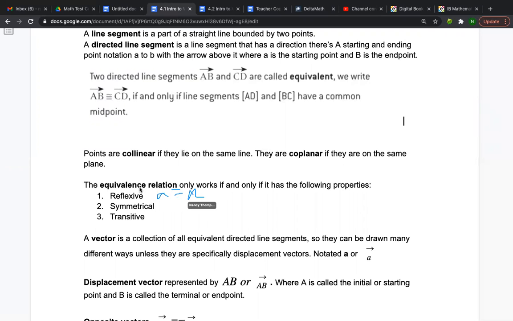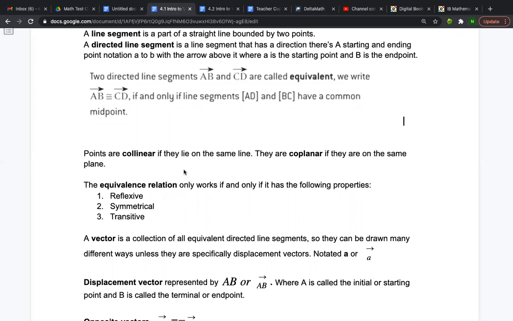Symmetrical is where if it's related to another thing, then that other thing is also related to the original thing, meaning it works both ways. So if Katie Thompson is my sister-in-law, then I am also her sister-in-law. It works both ways.